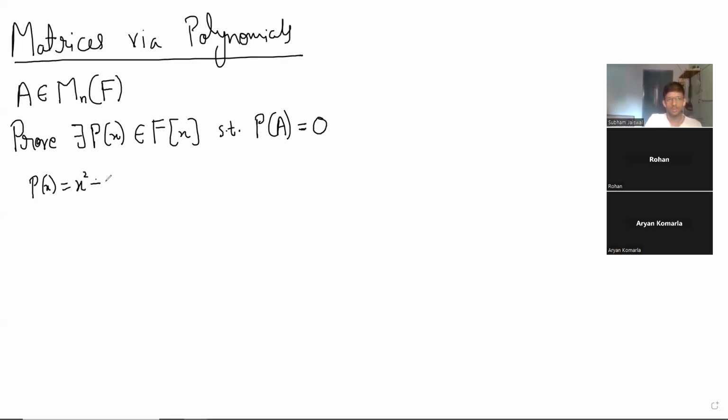For example, you have x squared plus x plus 1, then p(A) would be A squared plus A plus I, but now these are not numbers anymore, these are matrices. So basically the 0 matrix. Okay, so evaluating a polynomial at a matrix, understand.